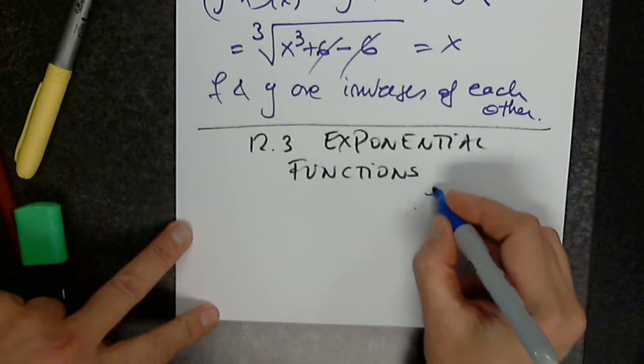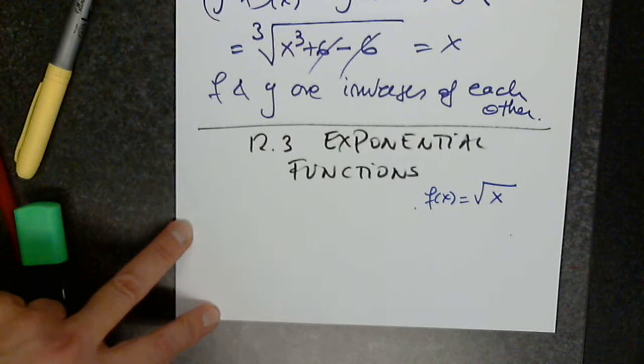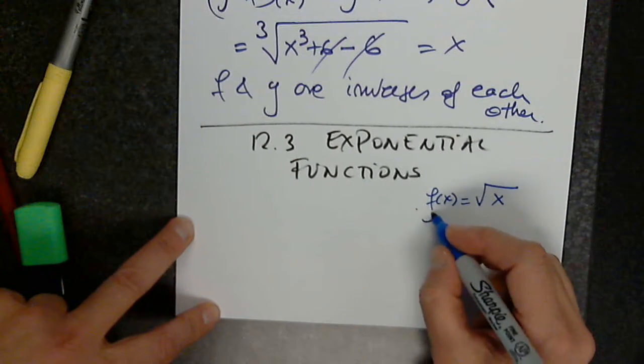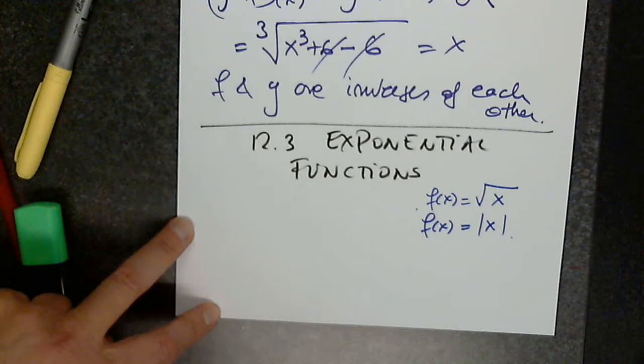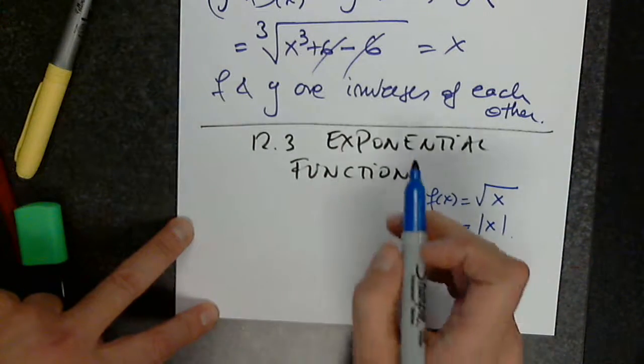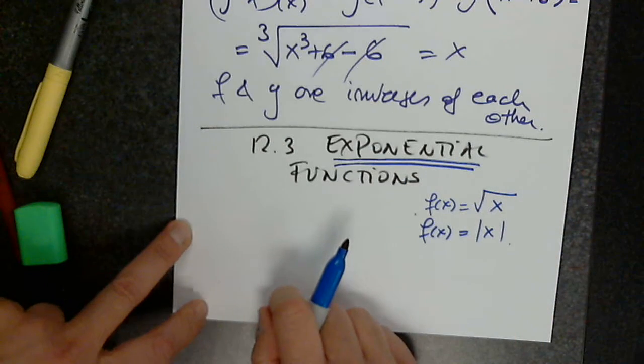Why do you think that this function is called the square root? Because it has a square root. What do you think that this function is called? Why do you think this function is called exponential? Right.